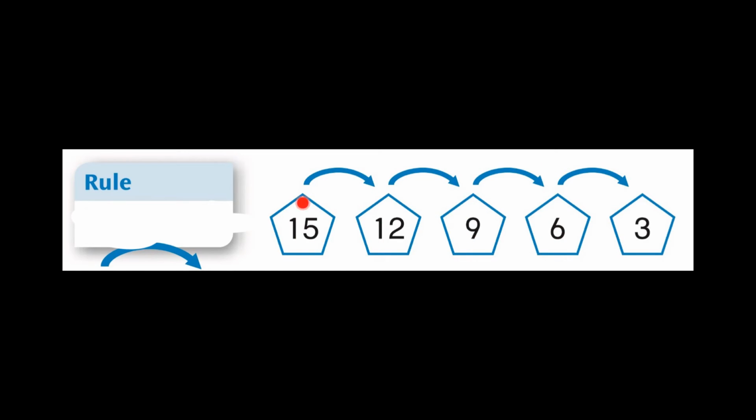Well, 15, 14, 13, 12, 11, 10, 9, 8, 7, 6, 5, 4, 3. Ooh, they were going down by 3 each time. So my rule would be minus 3. Okay, that's all we're learning today is our frames and arrows.